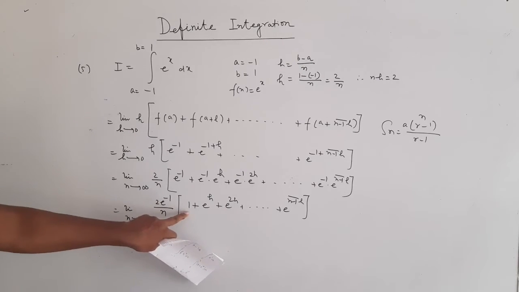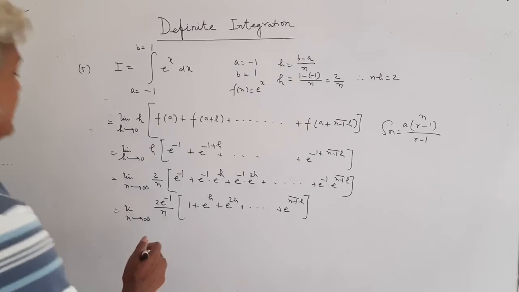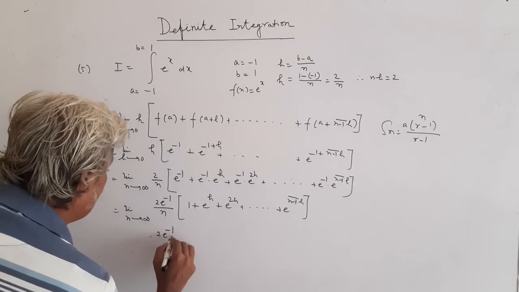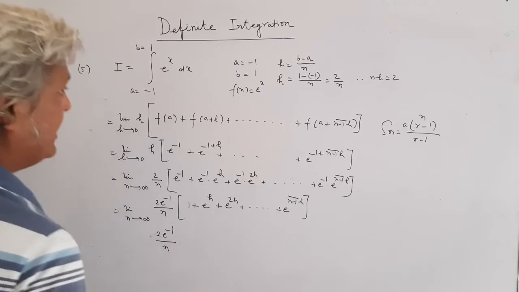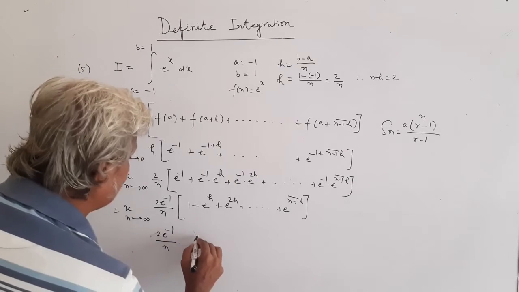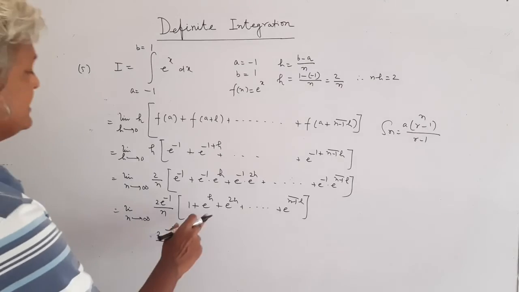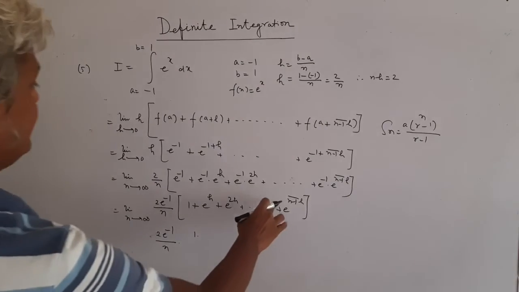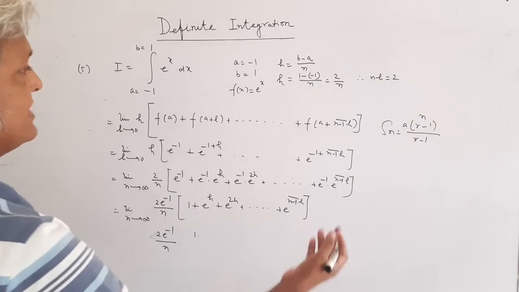So what is a? A is your first term, that is 1. So this is 2 e to the power -1 over n, a is my first term, that is 1, into r is e to the power h, to the power n. But here this is starting from 1, so this is n minus 1.